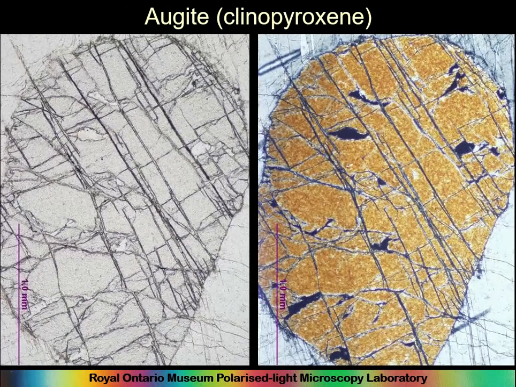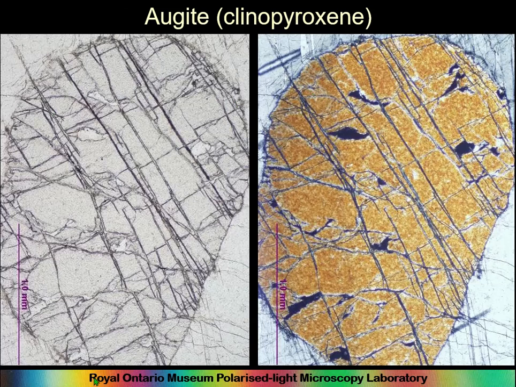And you have the clinopyroxenes. This is augite or augite. I don't know. I've heard both from people who are qualified geologists. And you can see here in plane polarized light, it's a high relief mineral. And in cross-polarized light, this is actually quite a low birefringence one.